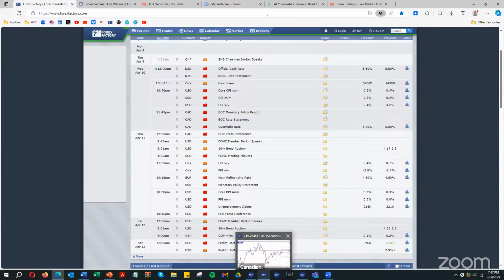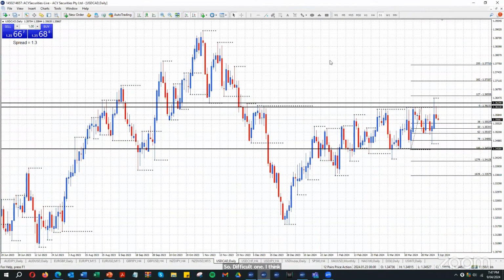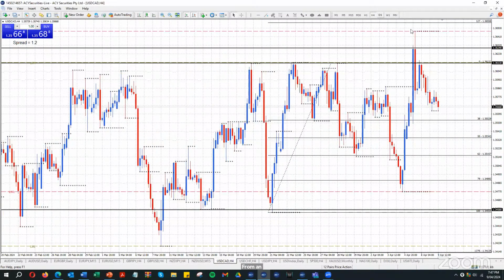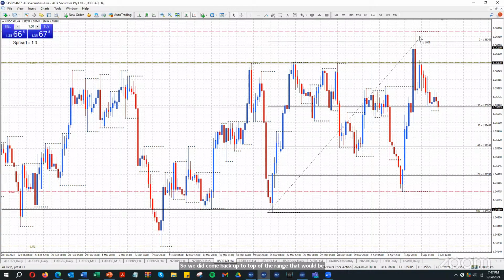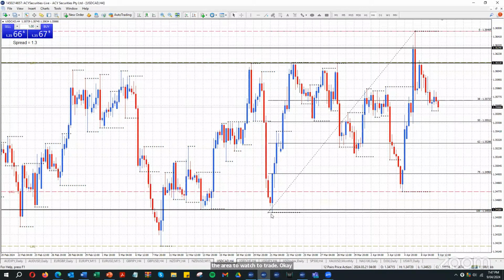I think at the moment, from an intraday trade perspective, we probably won't be able to clear the top of the range until that data comes out. So if we did come back up to the top of the range, that would be the area to watch to trade down from.